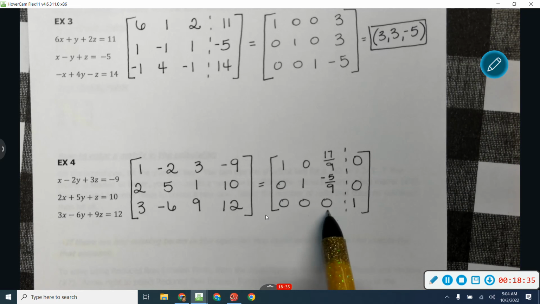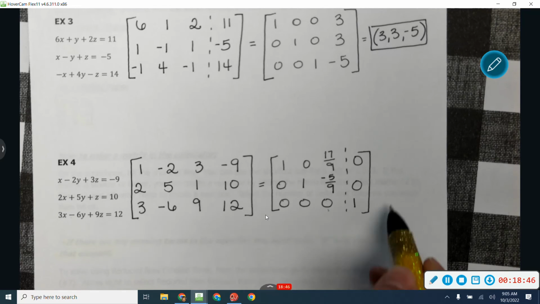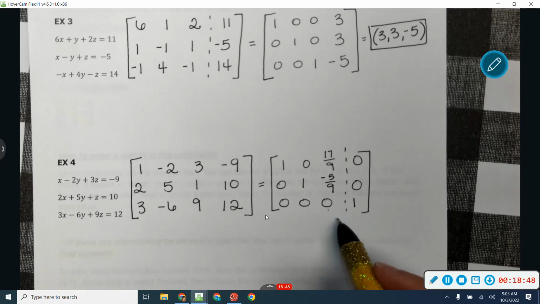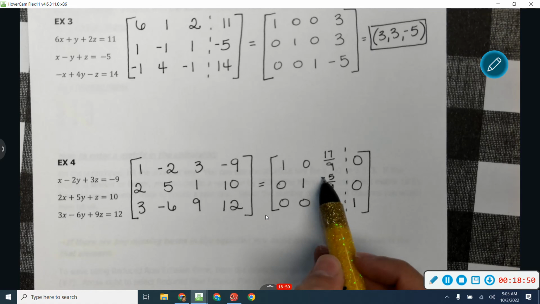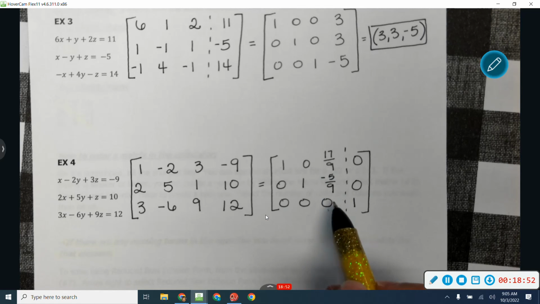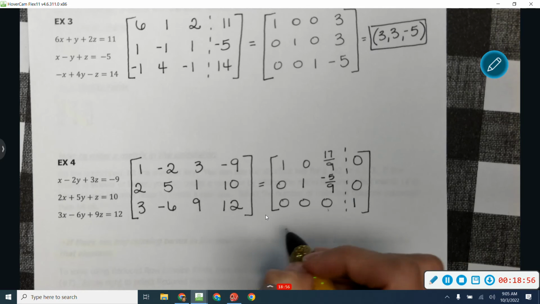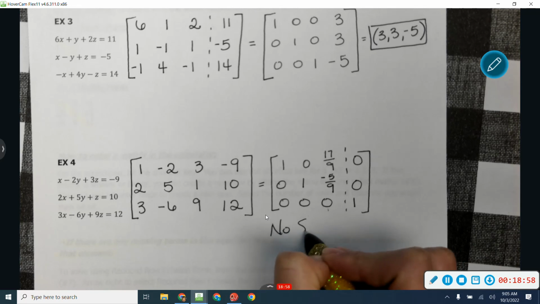Do I have the identity matrix? No. I don't have a Z at all. My Z went away. See how I don't have a 1 here? So there's multiple indications that are telling me this is wrong. The fact that I have fractions over on the left and they're not zeros. The fact that I don't have a 1 right here for a Z. So this makes it no solution.